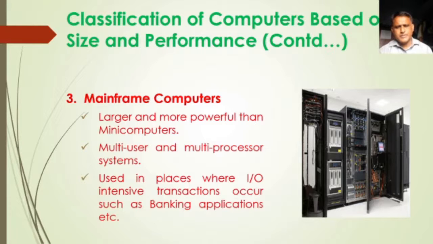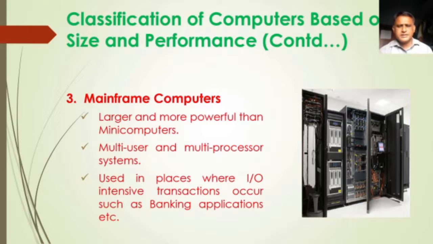Multi-user we have already explained in the previous category, that means many users. In minicomputers, the number of users which can be connected is between 20 to 50 users, but in mainframes you can connect up to 200 users, and again they are multi-processor systems. You can see mainframe computers in the second generation of computers.